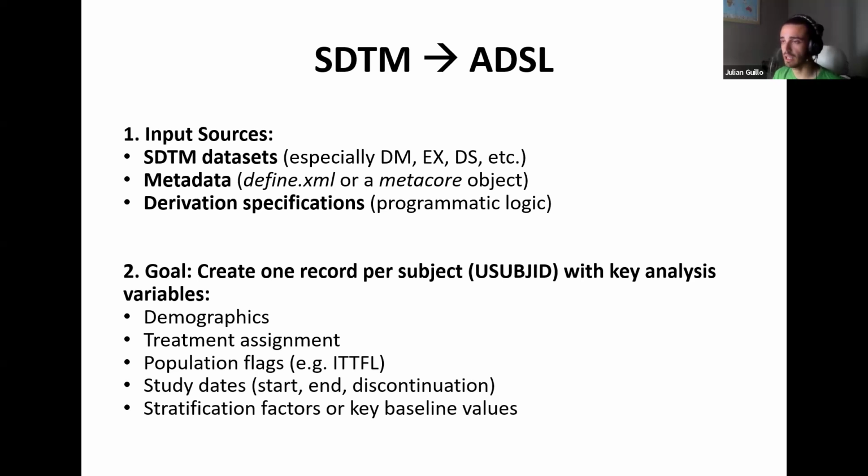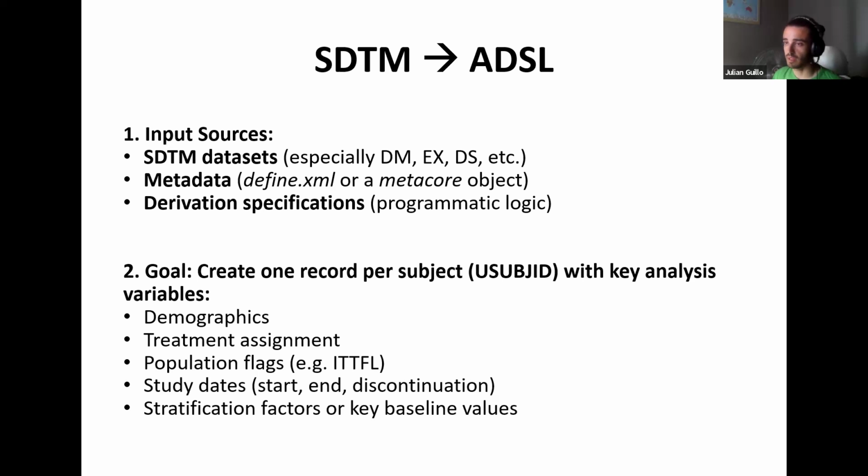But apparently, usually you work with some sort of define.xml file. And in this case, what we're going to do is use a metacore object, which is just an object in R that contains quite well-structured metadata for many of the datasets, many of the variables, and much more.